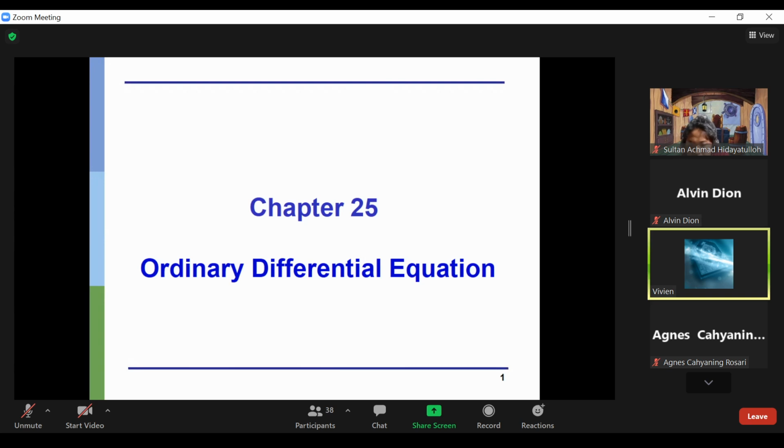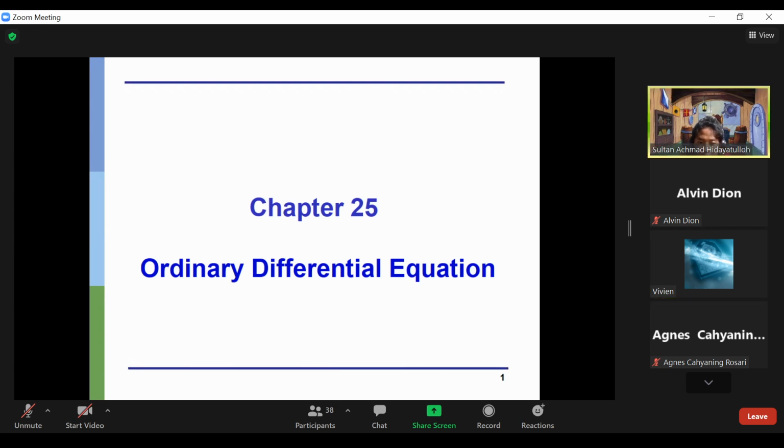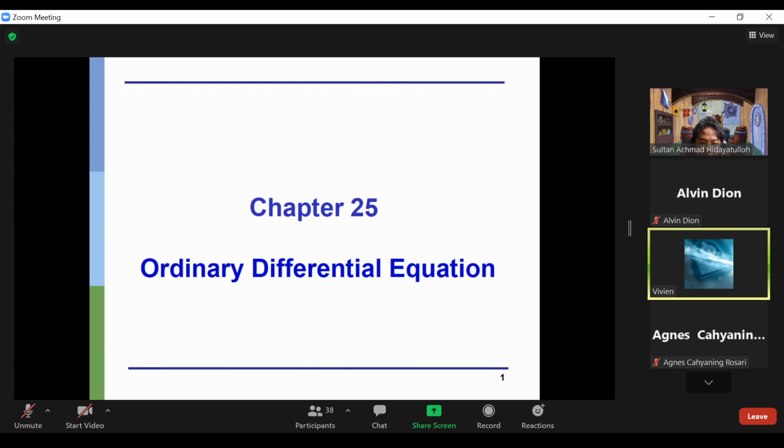Have you heard about differential equations before? In mathematics one. Yeah, I think you have learned in mathematics about differential equations. So what is actually a differential equation? We have learned about linear equations before, a set of linear equations.